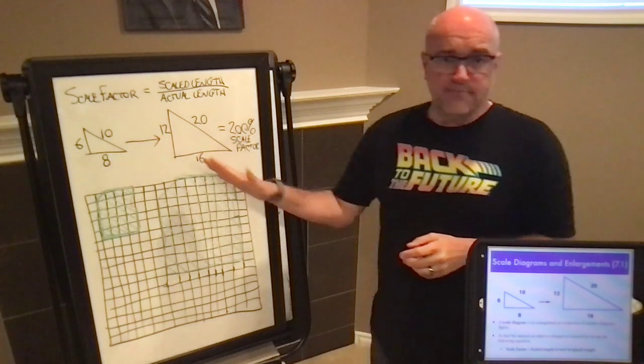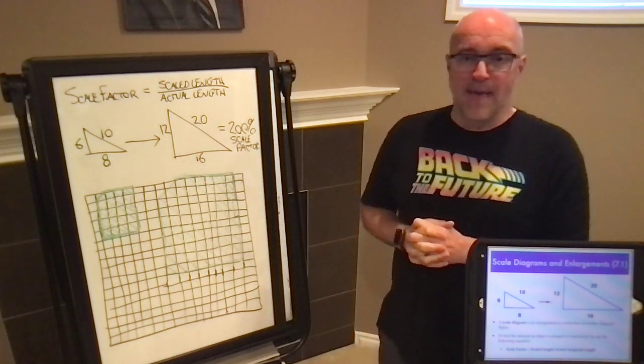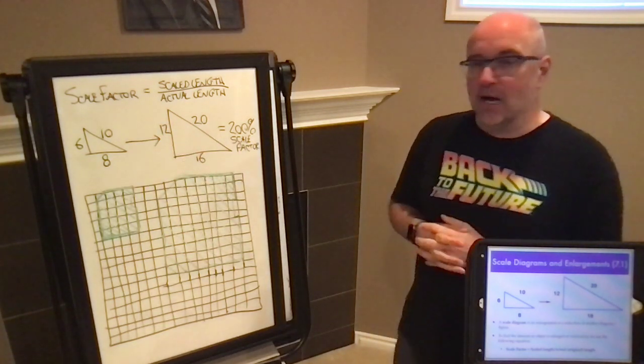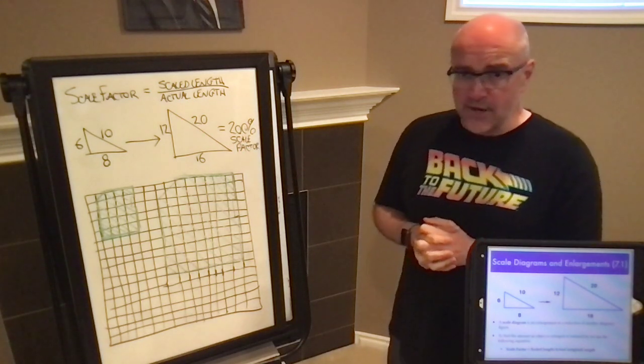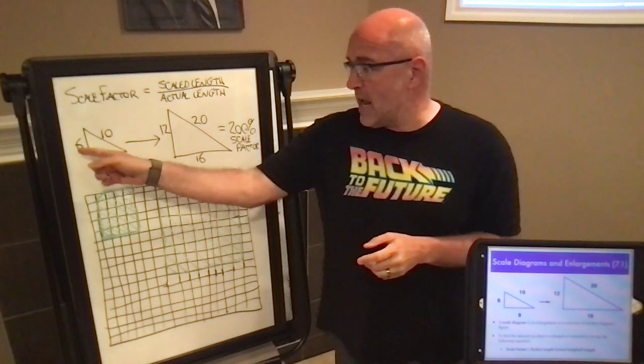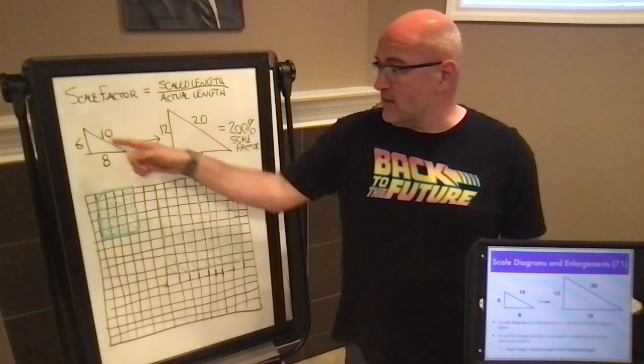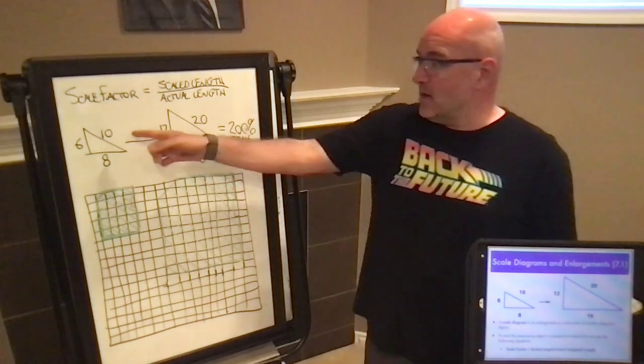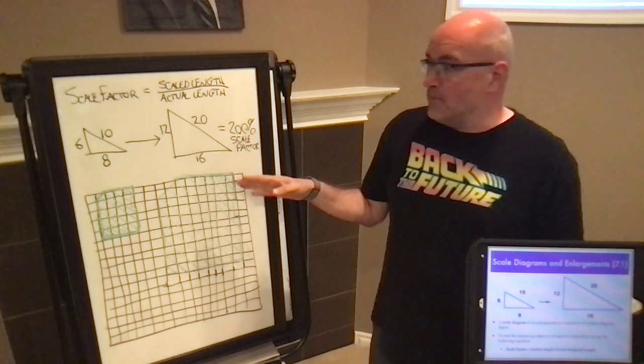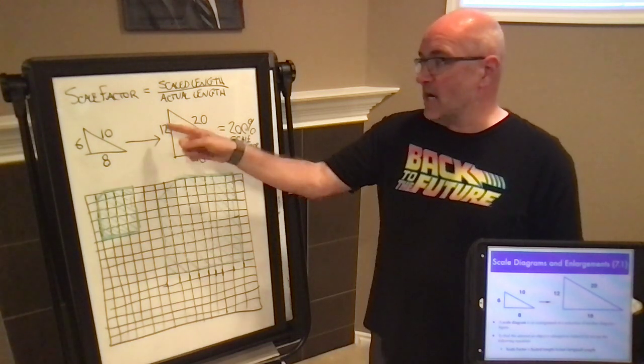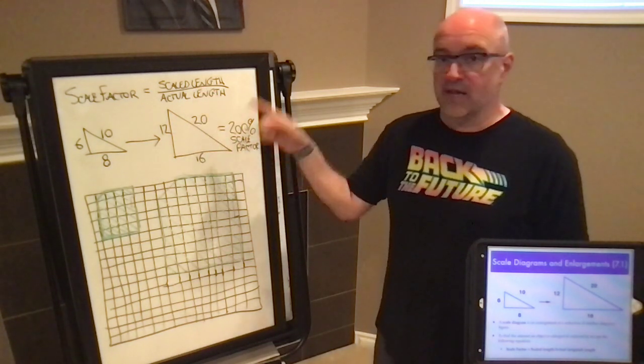Up here on the board, we're going to stick to something that's a little bit more math, maybe not so much science. We have some triangles drawn here. We have a triangle with side lengths of 6, 8, and 10, and that is being enlarged to a triangle with side lengths of 12, 16, and 20.